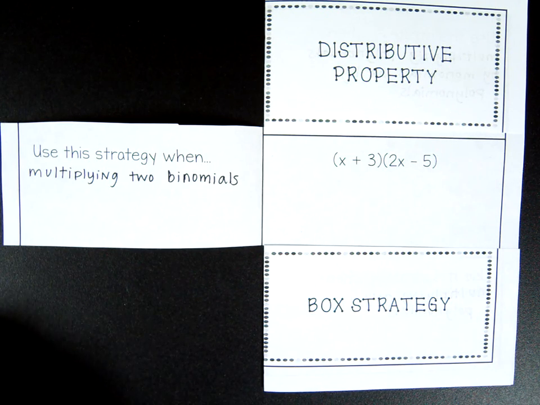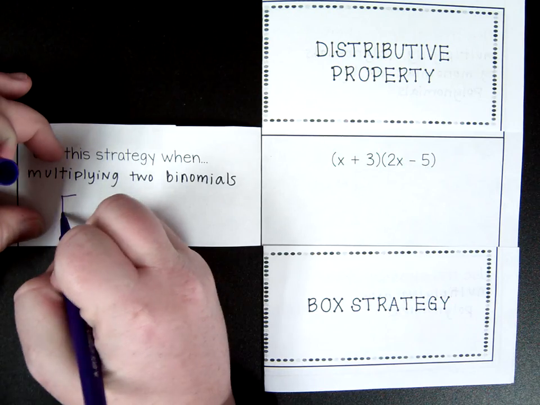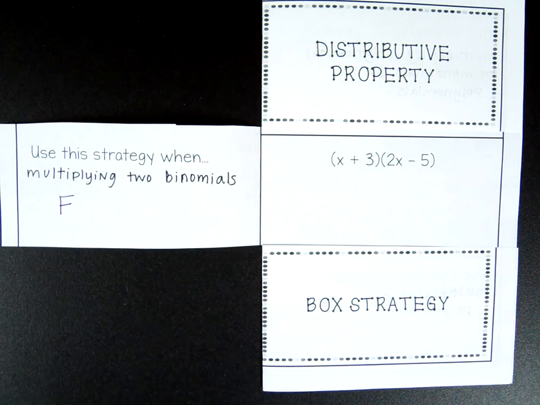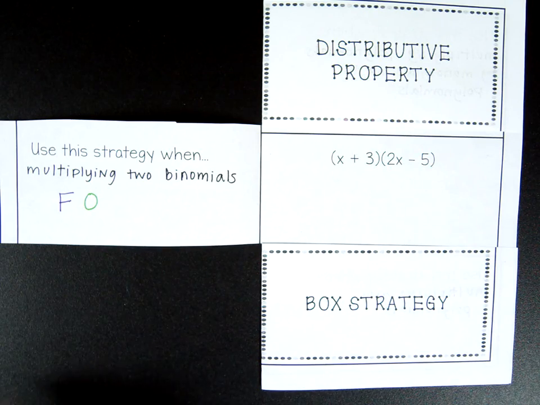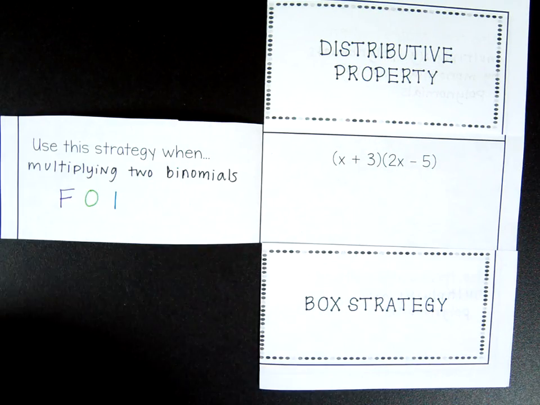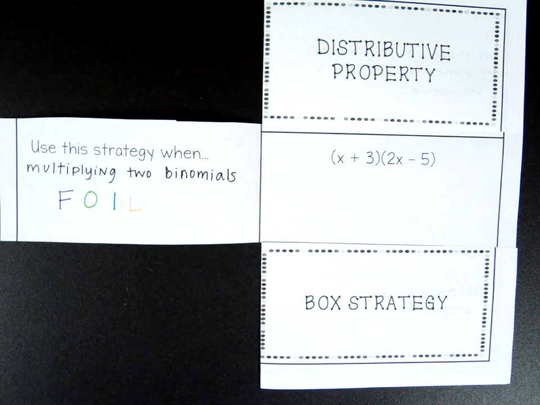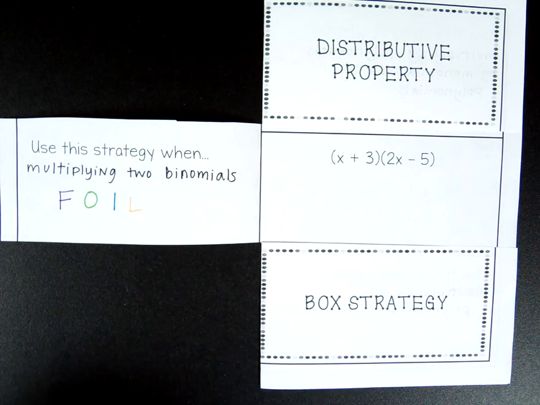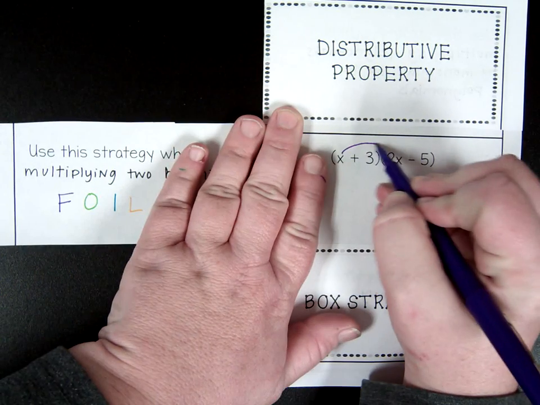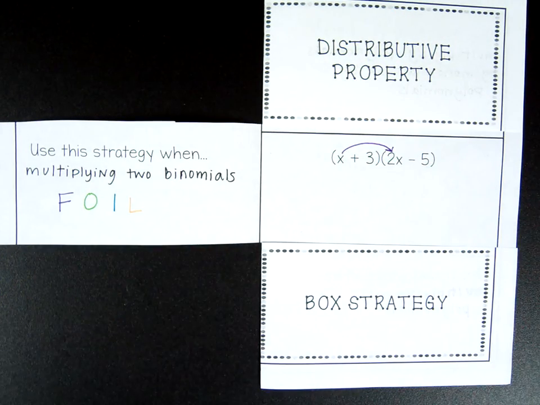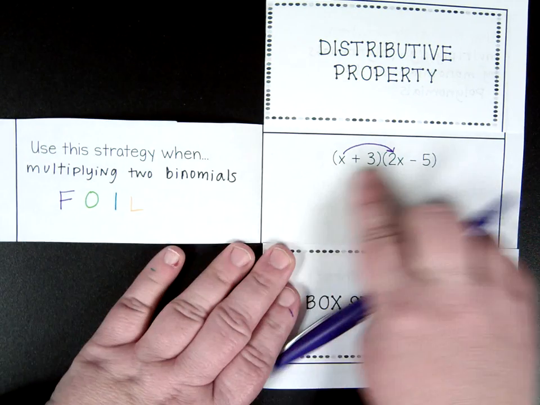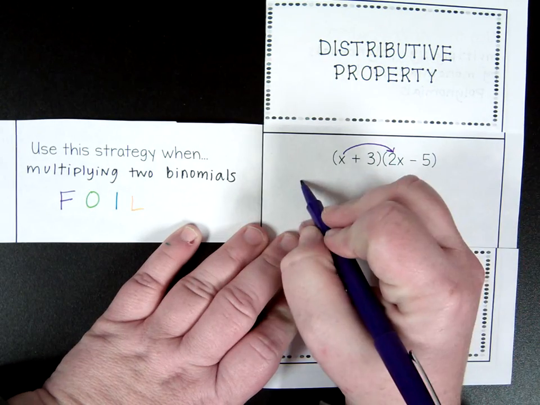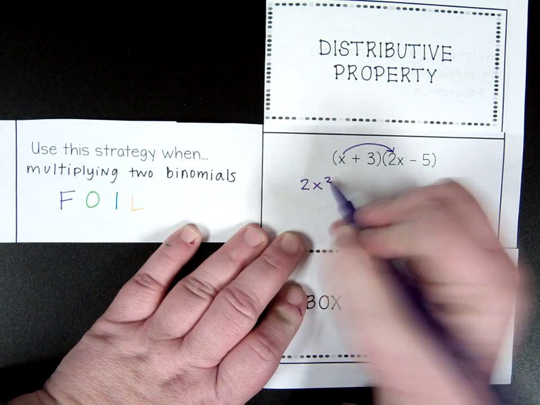So when we do FOIL, the first terms means the first terms in both parentheses. So the first thing I'm going to do is x times 2x, because those are my first things in the parentheses. So x times 2x would give me 2x squared.